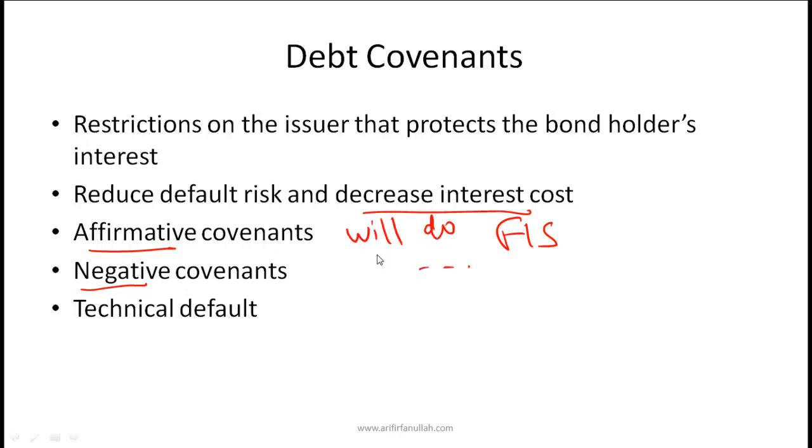For example, the company might make a statement that we will maintain an interest coverage ratio of greater than 5. Negative covenants are where the firm says that we will not do so and so. As an example, the company might say that we will not issue any more debt that is senior to this debt. A technical default happens where the issuer is still making its coupon payments but violates one of these covenants. So that is called a technical default.